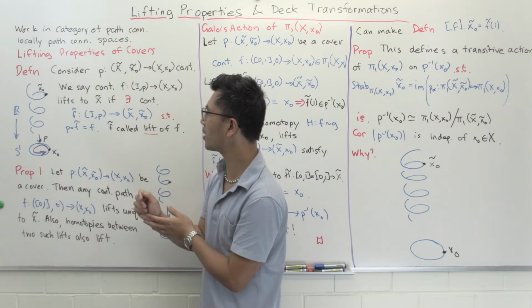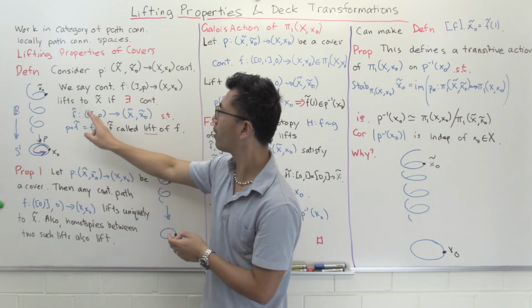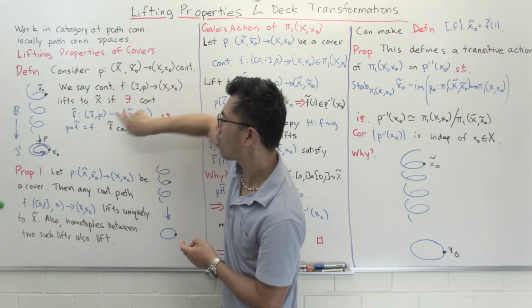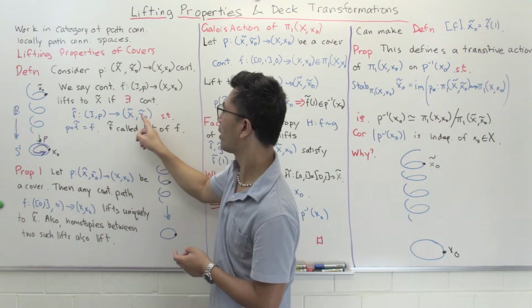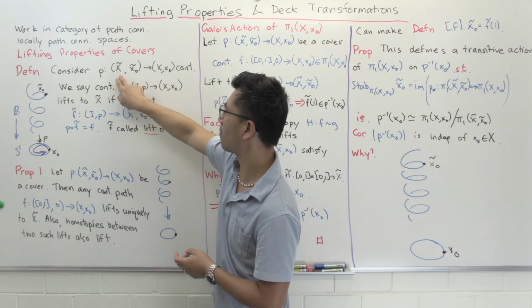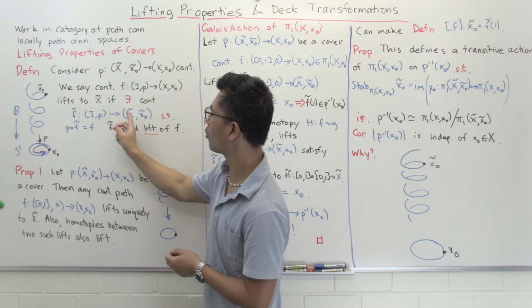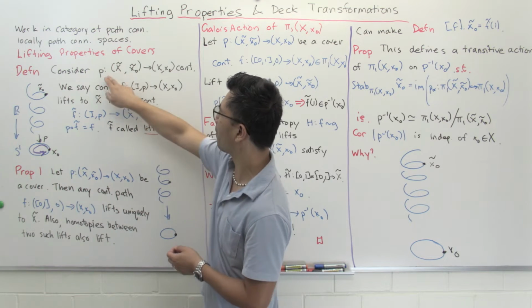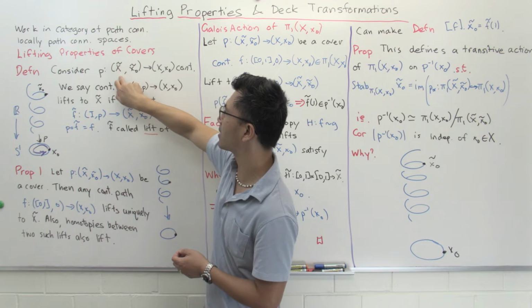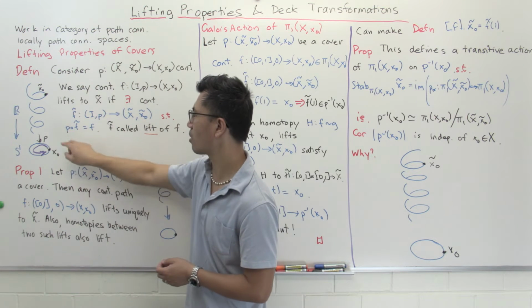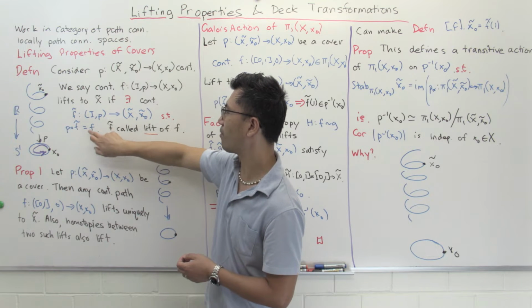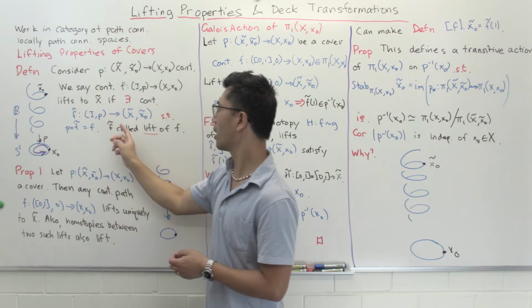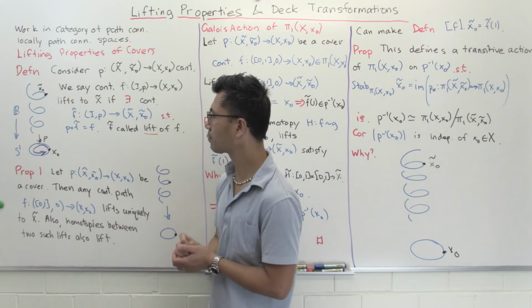In terms of notation, you want a continuous map from the same domain I, P, but now mapping upstairs to x tilde, x0 tilde, such that if you do this one first and map upstairs, and then apply P, which brings you back down from x tilde to x, so P composed with f tilde, you recover f. In that case, the map which goes to the bigger space is called the lift of f.